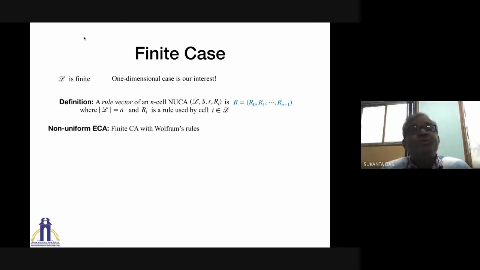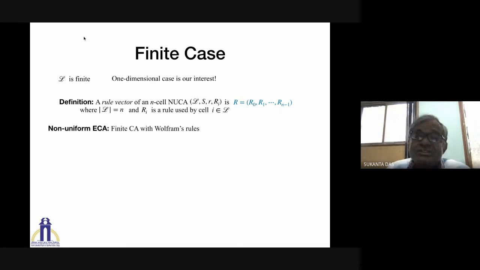Next, another important special class of non-uniform CA. We are specializing, we are simplifying our system. First, infinite CA, no, from infinite to finite, right? Then finite to non-uniform CA.